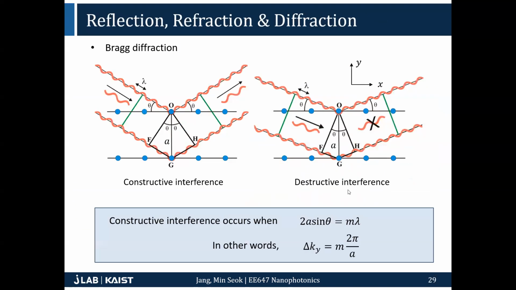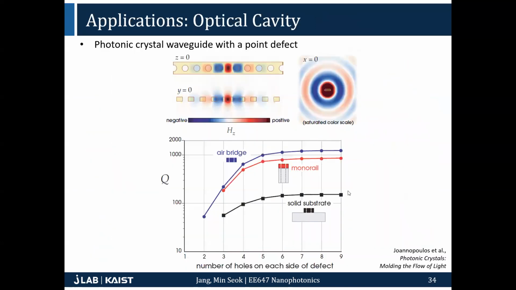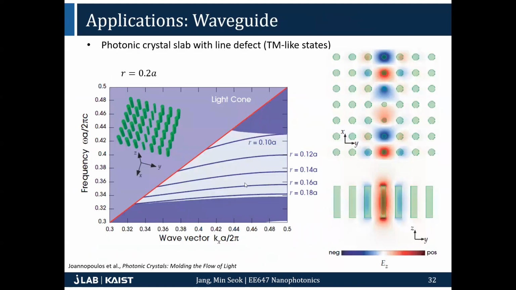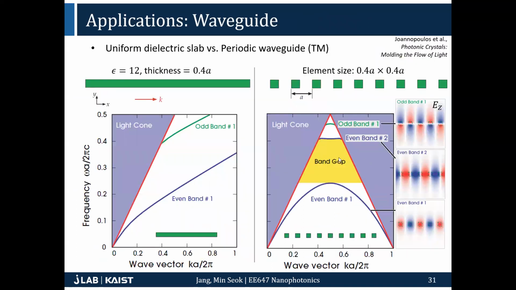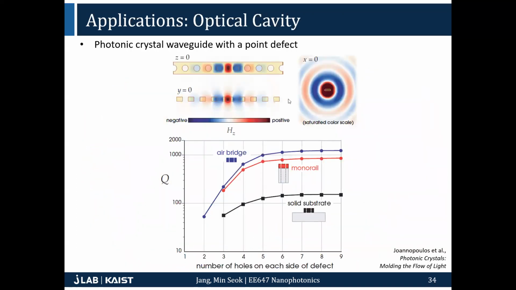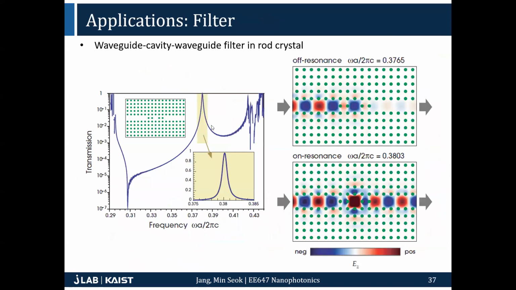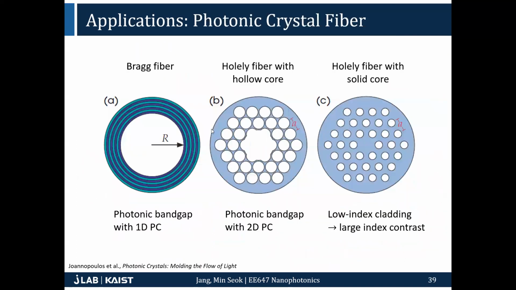And here the applications are mostly based on the band gap, right? Most of the photonic crystal applications are based on band gap and defect mode. So the combination of the band gap and defect mode allows you to have a waveguide or optical cavity, filters, and so on, right? And finally, photonic crystal fibers.